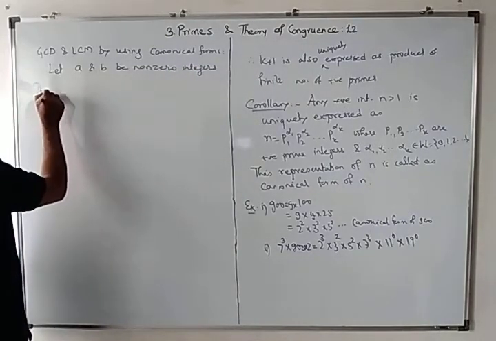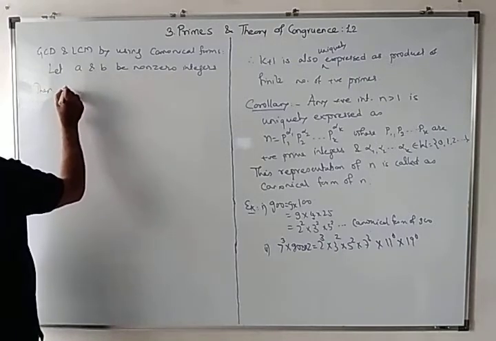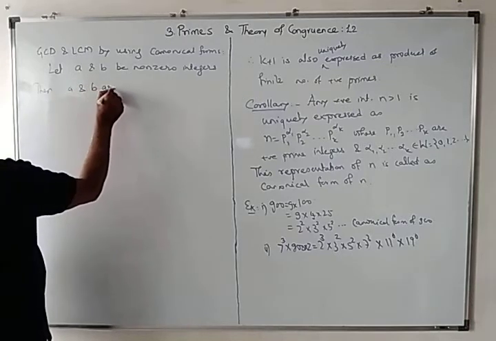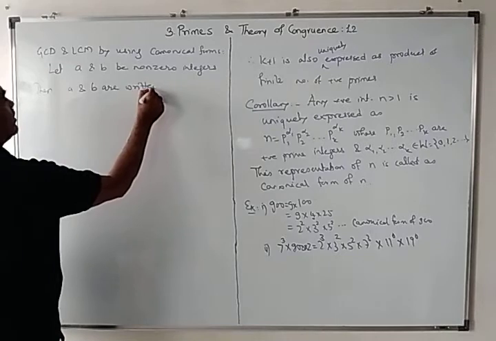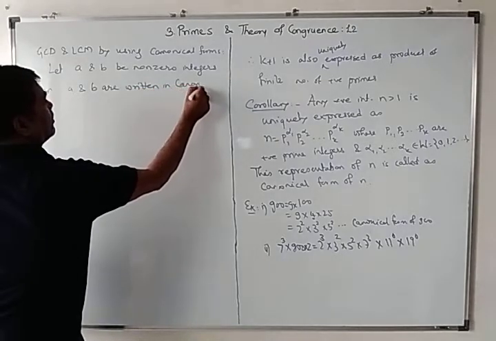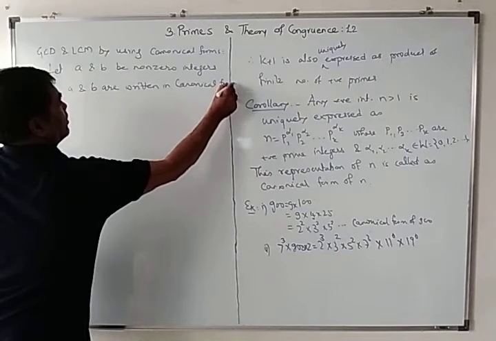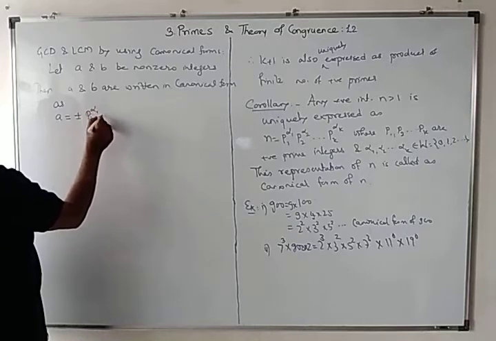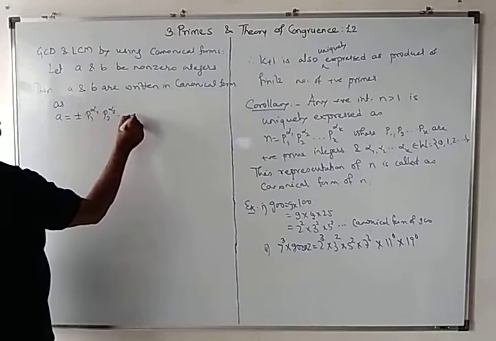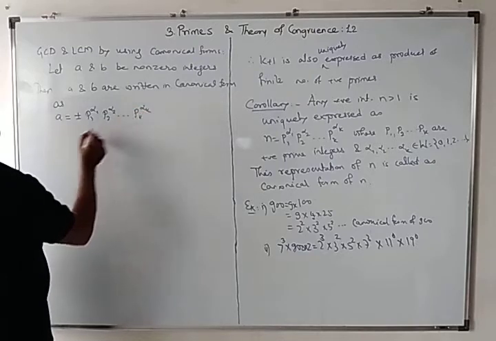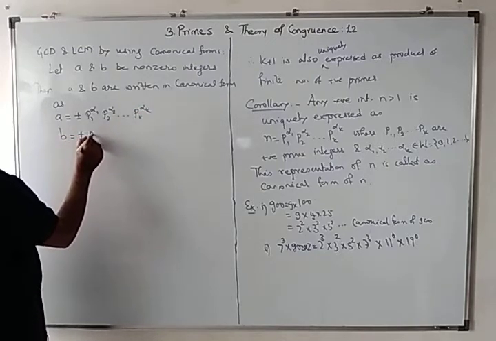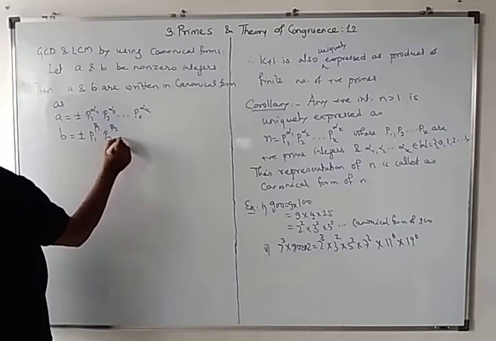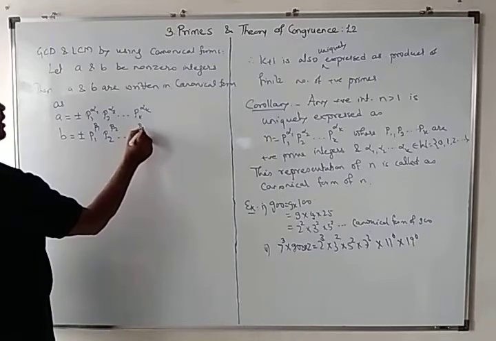Then A and B are written in canonical form as A is equal to plus minus P1 raised to alpha 1, P2 raised to alpha 2, and so on, Pk raised to alpha k. B equal to plus minus P1 raised to beta 1, P2 raised to beta 2, and so on, Pk raised to beta k.